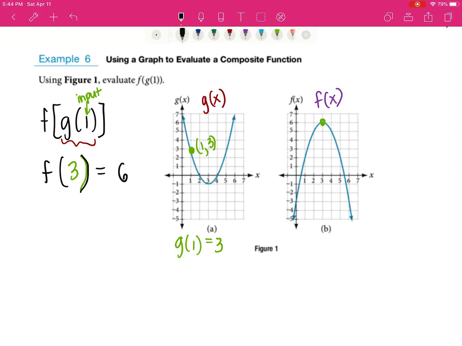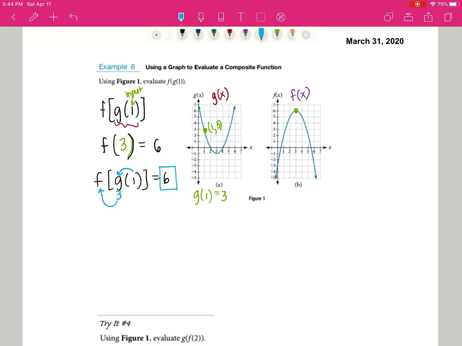So f of 3 is 6, and f of g of 1 is equal to 6. Another way to think about writing this: you put a 1 into the g function, you get a 3 out, and when you put a 3 into the f function, you get a 6 out.